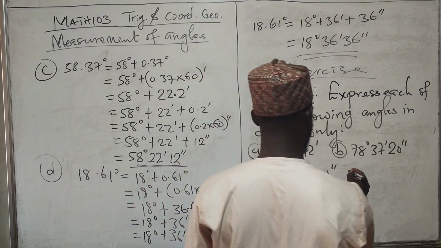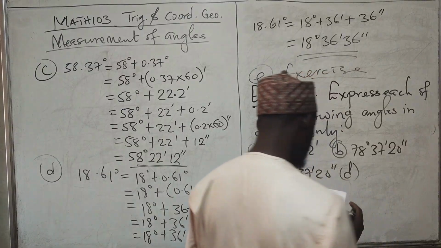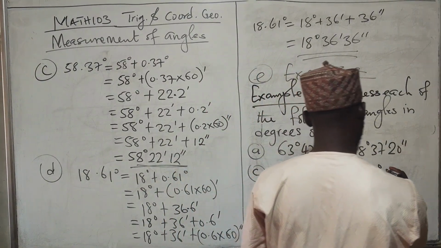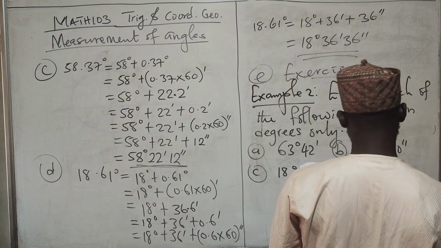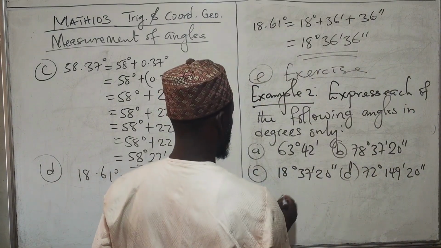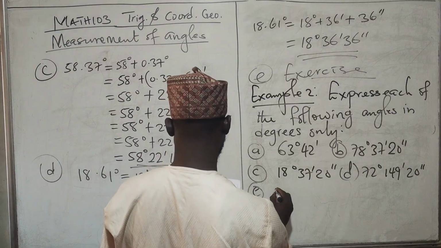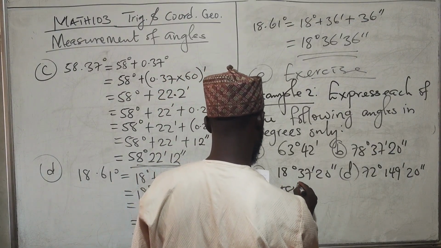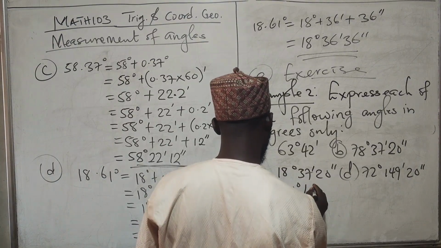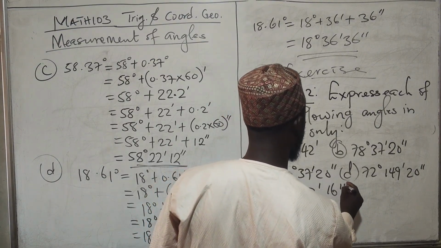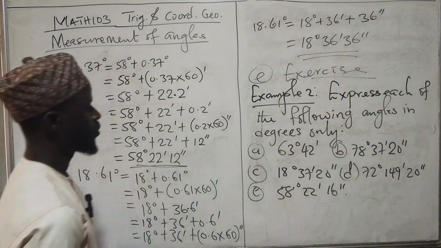D, 72 degrees, 149 minutes, and 20 seconds. E, 58 degrees, 22 minutes, and then 16 seconds. So, solution.